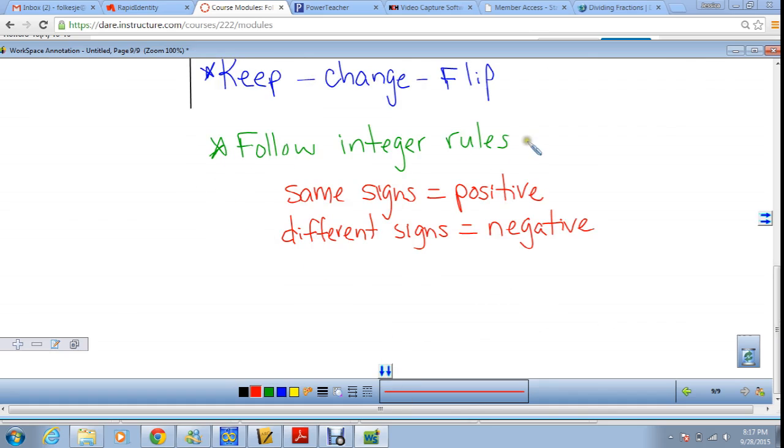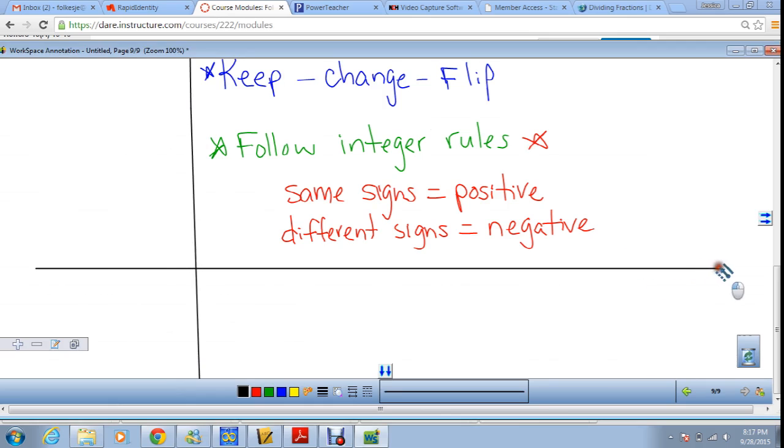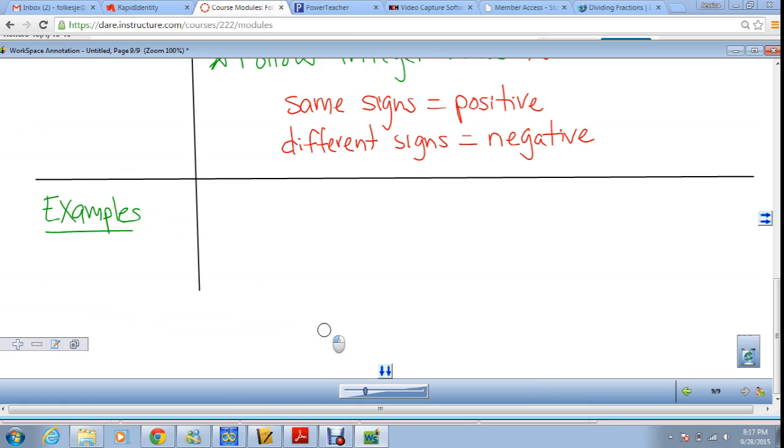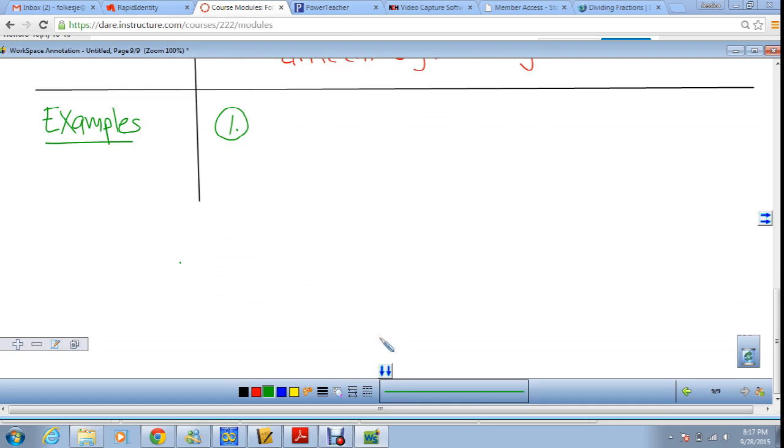Very important that you follow those integer rules. Let's do a few examples. You should be copying all of this into your notebook right now.